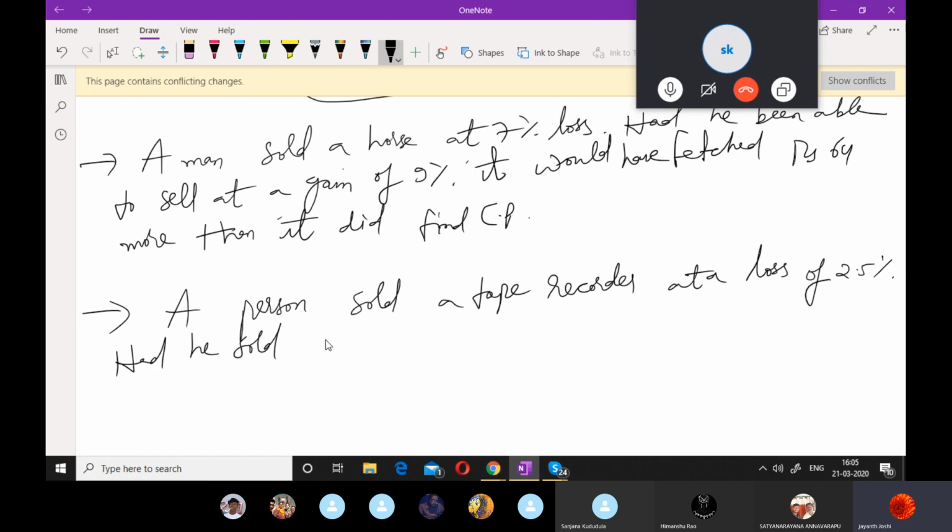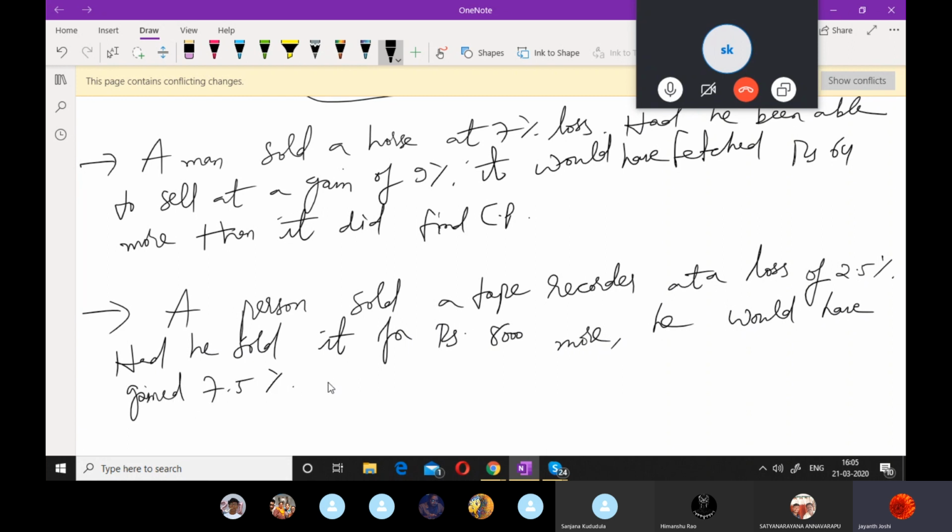Had he sold it for rupees 8,000 more, he would have gained 7.5%. For what value should he sell it in order to gain 12.5%?